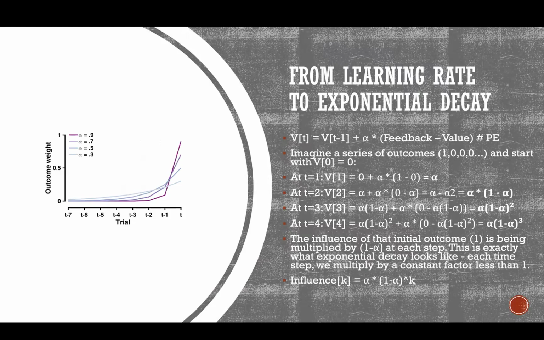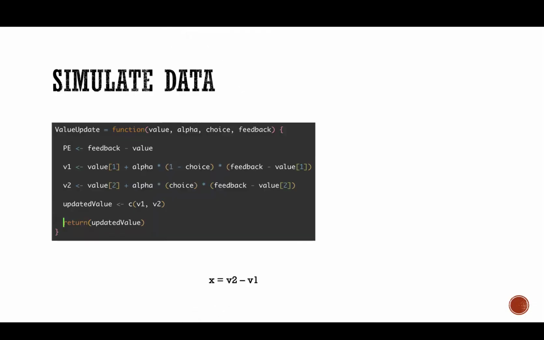Good. So if we want to simulate data with that, here is an example of a function where I expanded it to separately calculate the expected value of both choices, just to show you how it is. They're absolutely connected to each other because here we have a binomial choice. The value update function, which is that formula, takes as input the value at this given point in time, the alpha, the choice, and the feedback.